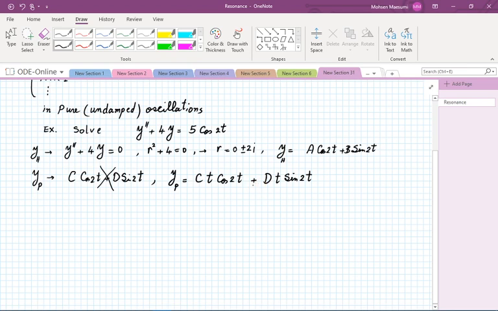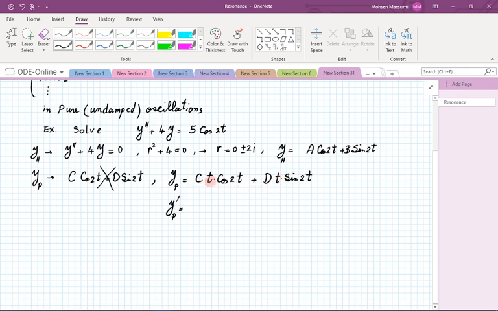The problem is going to be a little bit more extensive than before, because our differentiation is going to be more time consuming. We always have a factor of t, and therefore we have to apply the product rule, and so on and so forth. So let's go ahead and do it. So y prime p first. As we said, you have to apply the product rule.